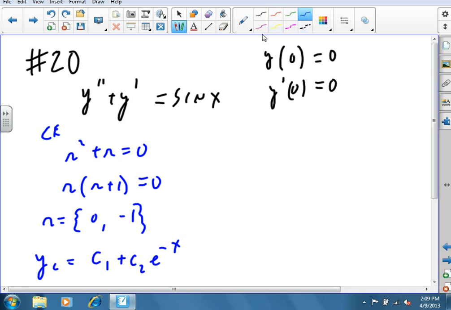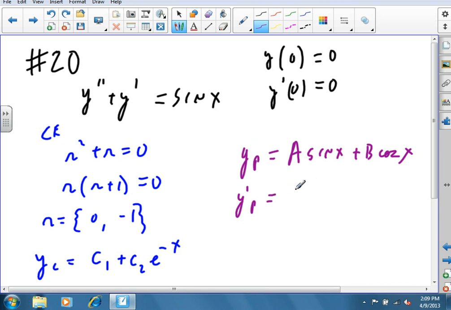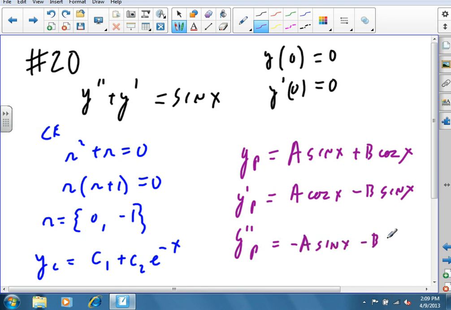My y sub p is in the form a sine x plus b cosine x. y prime is a cosine minus b sine. y double prime is minus a sine minus b cosine.